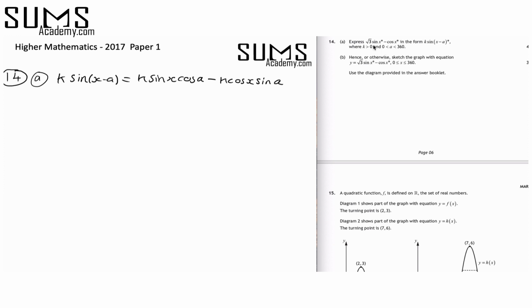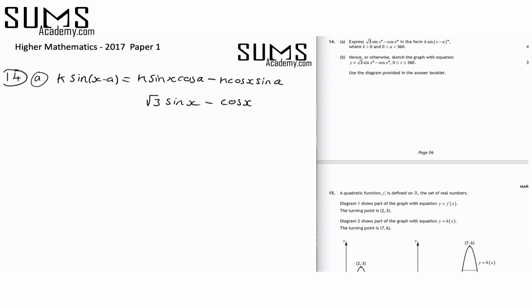Alright, and if we write our given expression underneath it, I'm going to look for the coefficients. So we've got root 3 sine x minus cos x.